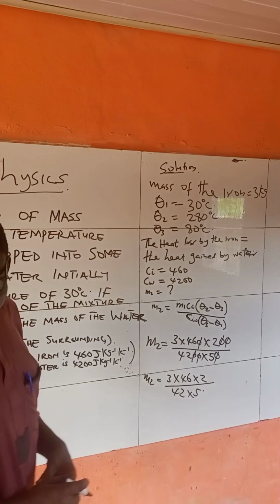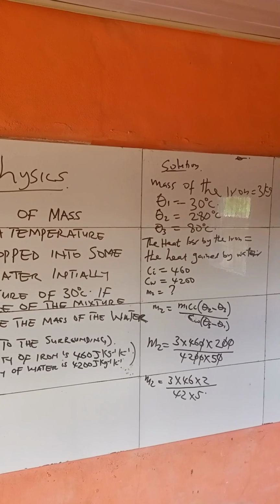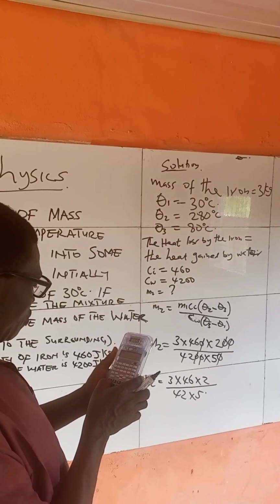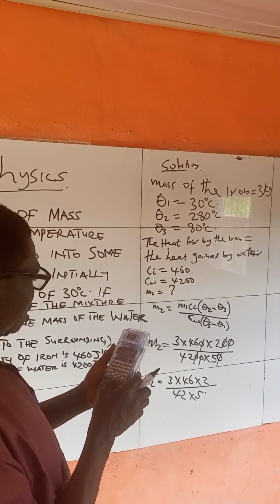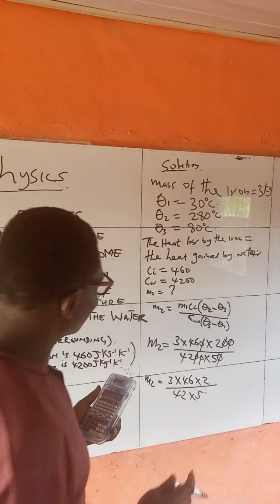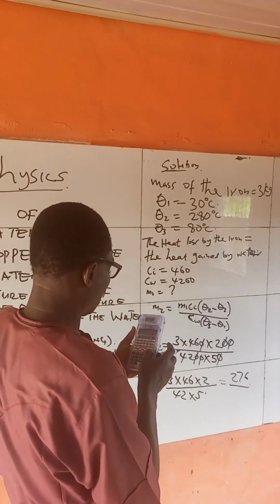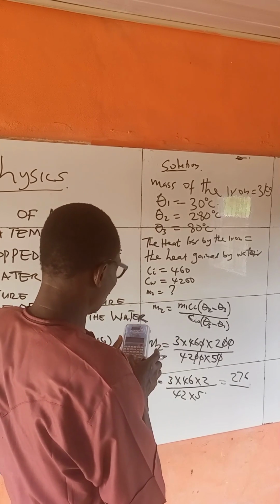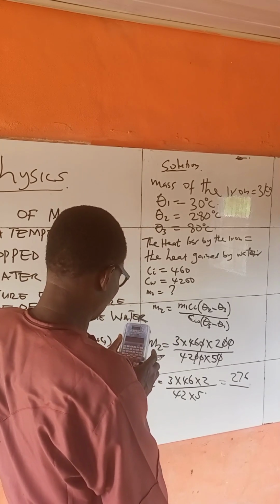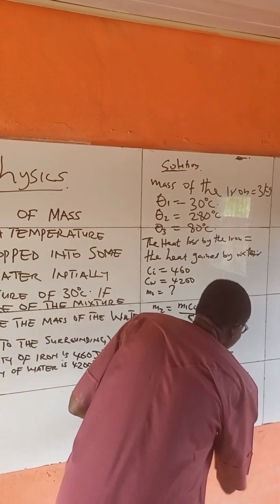Doing the calculation, 46 times 2 gives us 276, and 42 times 5 gives us 210.